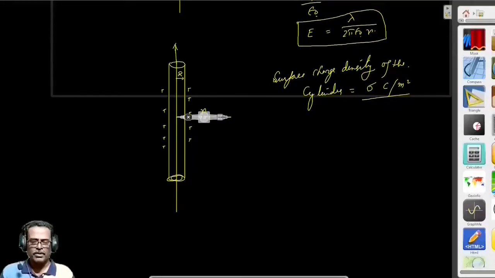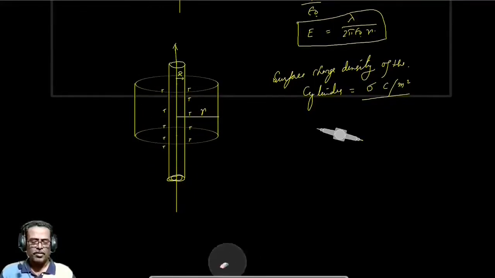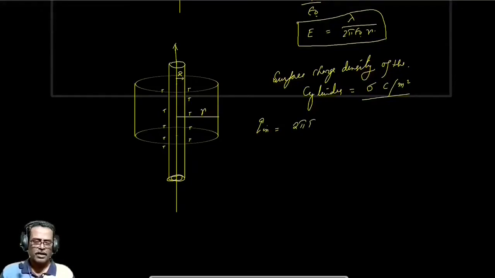Again, we will enclose this point by a Gaussian surface, and that will be a cylinder. Now, first we have to find the charge enclosed in this Gaussian surface. Q in is equal to the surface area enclosed inside the Gaussian surface, which is 2 pi r into h, h being the height, into sigma.